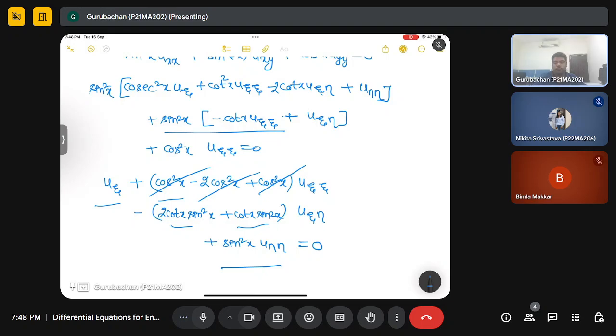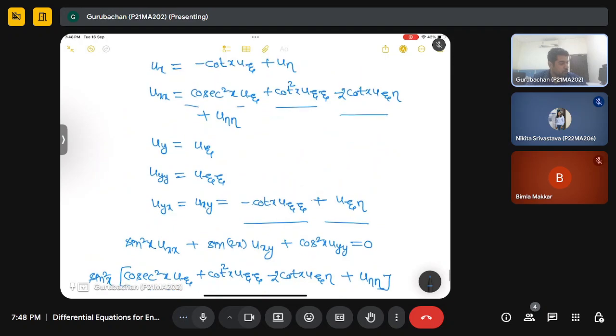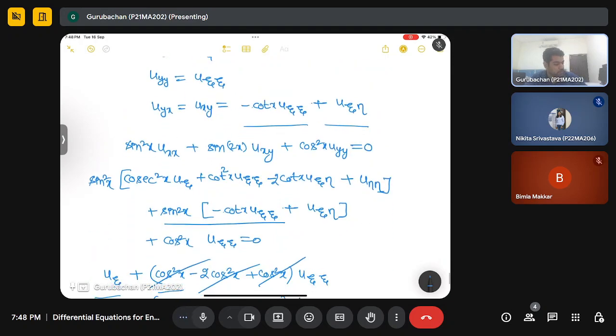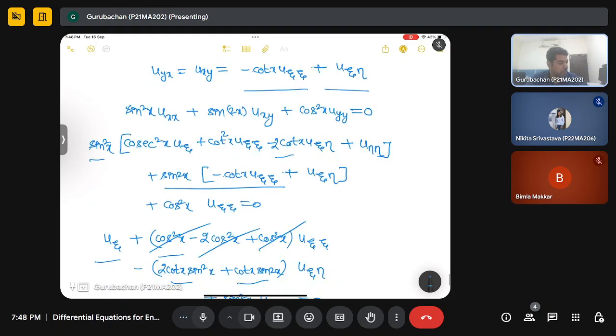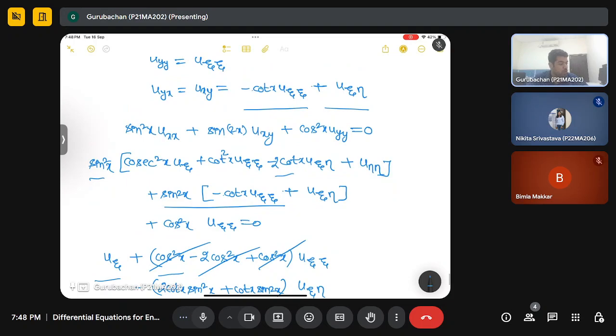Sine square x is multiplied with this, minus 2 times cot x. This is the multiplication, and the next expression is with positive sign, sine 2x with this cot x.